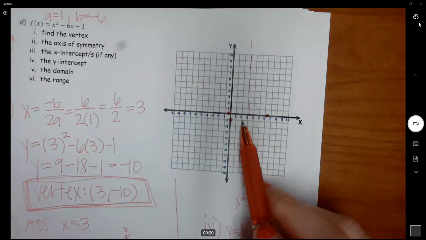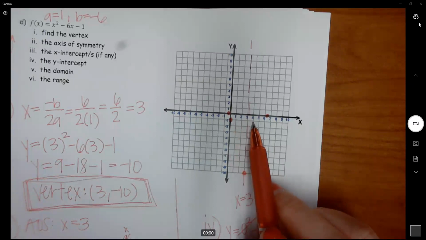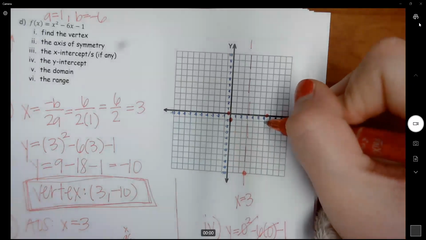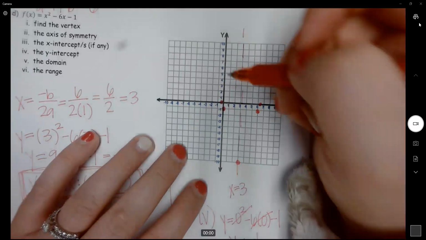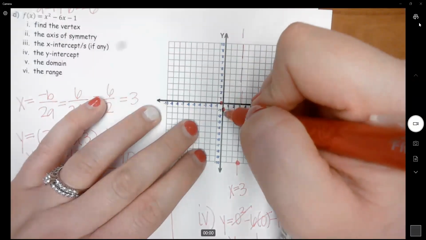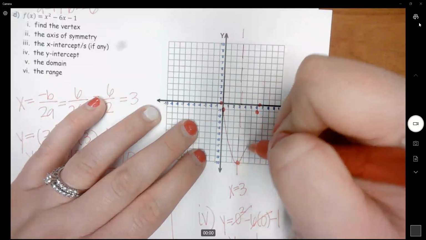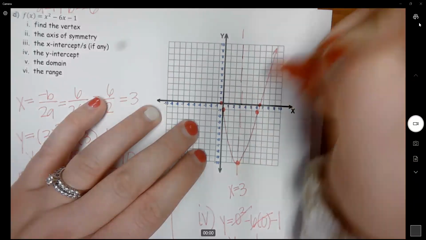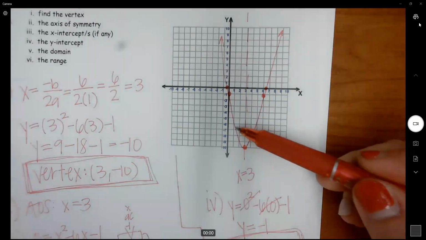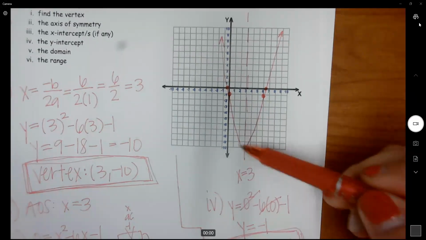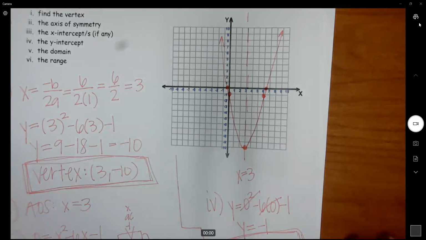And that is 1, 2, 3 units away. So we'll go 1, 2, 3 units away in the other direction. I've got my 5 points, so I don't need an additional one on this one. And so I have a graph. And again, make that as round as you can. It's not a V.